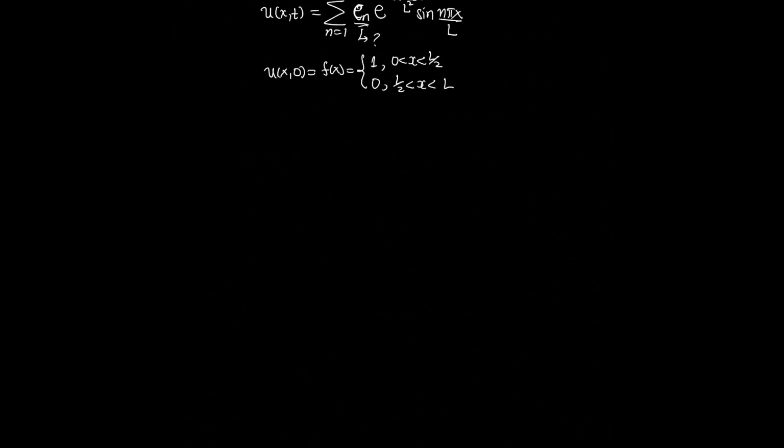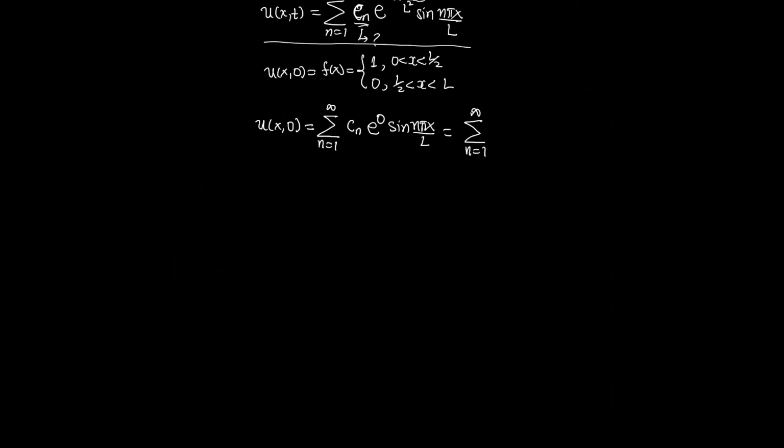Okay, I'm going to find c_n. I have to substitute u(x, 0), time equal to 0, into this equation that I found. It's going to be the summation n from 1 to infinity of c_n. When I put 0 here for time, it gives me e to the power of 0, times sine of n pi x over L, which is just the summation from n equal to 1 to infinity of c_n sine of n pi x over L. So that is my initial condition.